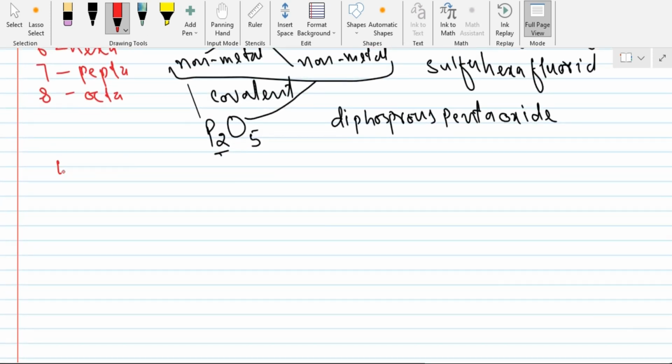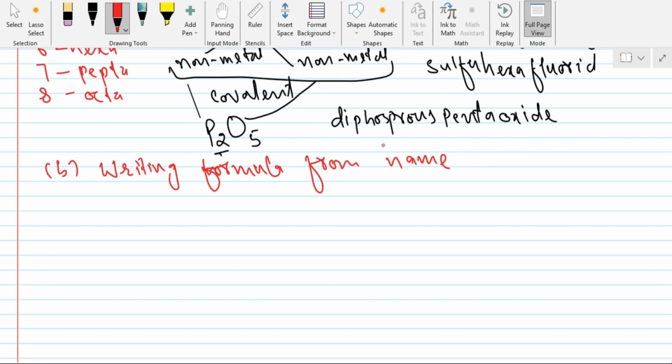Proceeding with the second part, B. As I said, for B, if we are provided with the name and we are supposed to write the formula, what are we going to do? Writing a formula from a name is very easy. First, write the symbol of the atom.